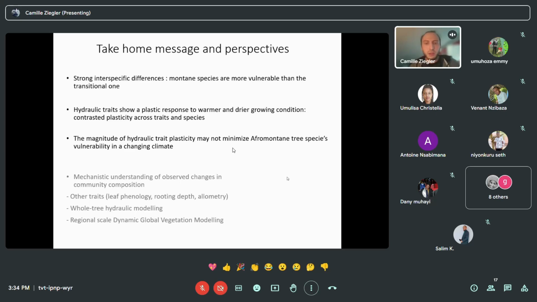We also want to include tree allometry, which is tree dimensions, so we can better estimate how much water is lost during drought at the whole tree level. So we can model whole trees and not only branches, as I did here. And this could serve to parameterize dynamic global vegetation models, which are more large-scale models, and they're able to give an idea of how communities change at a regional scale and inform us on carbon fluxes at an ecosystem level.